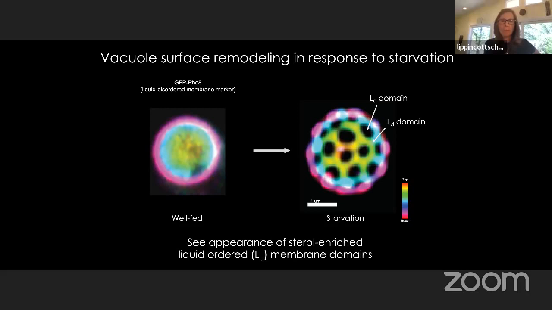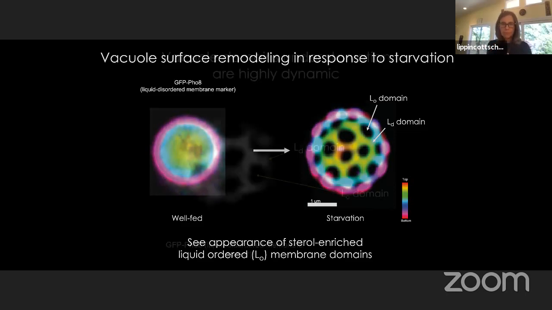Now, this happens when cells undergo acute glucose restriction, or as cells are entering their stationary phase, and these are yeast cells.